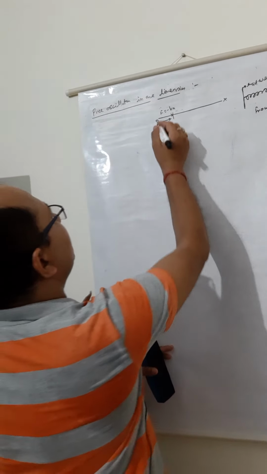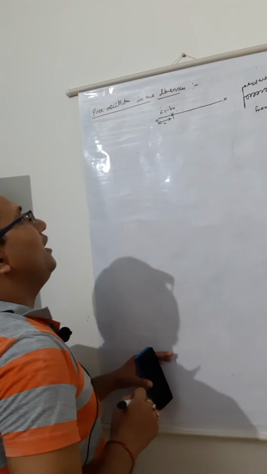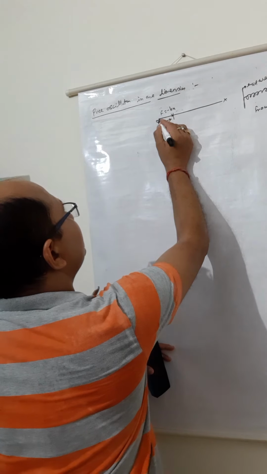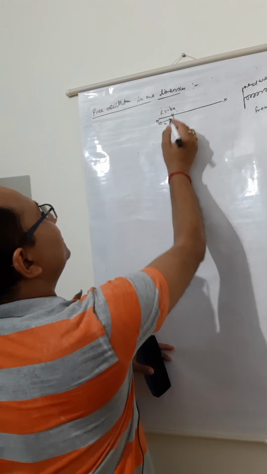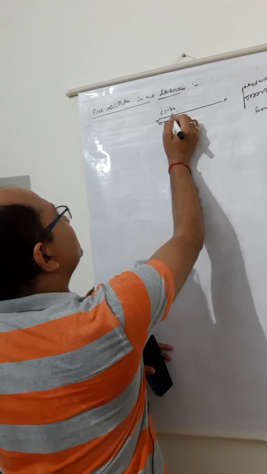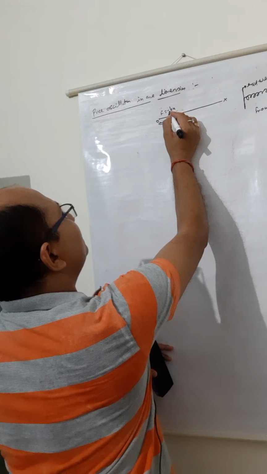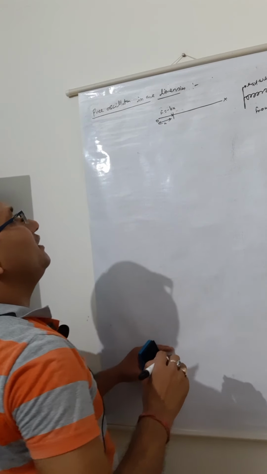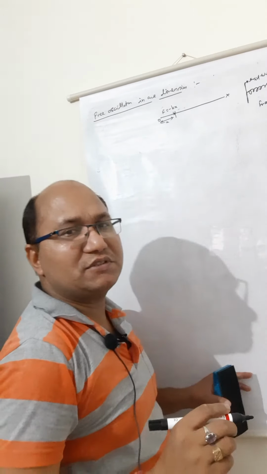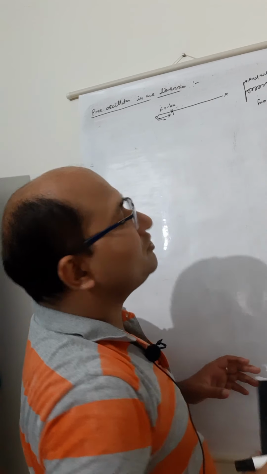Suppose the oscillating object is at O and it is displaced to a distance x, then a restoring force acts on this object that equals minus kx, where k is said to be the force constant, and this force is called the force of restitution.